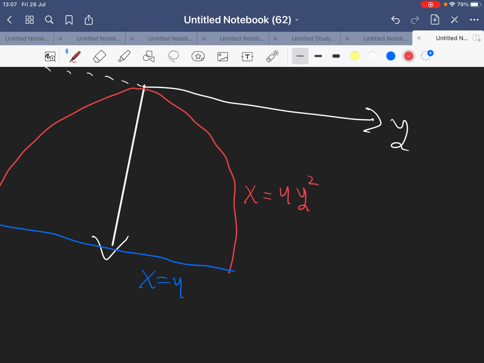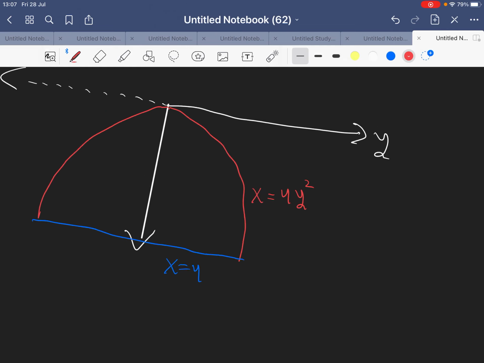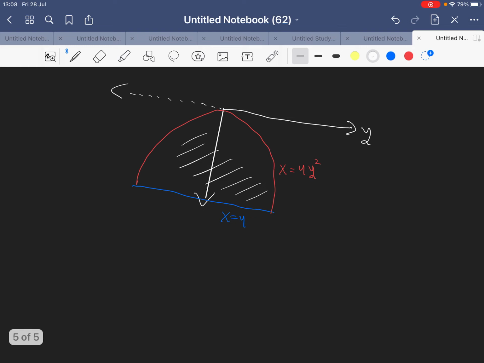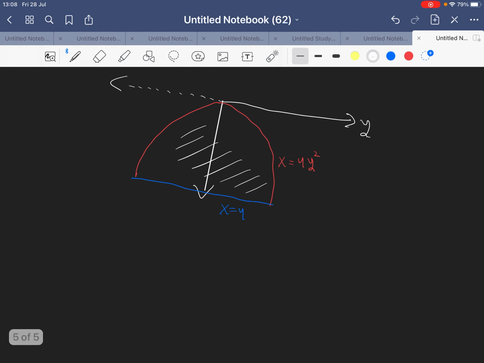Why 4y squared? Because we ignore z, so z is 0, and we get only x equals 4y squared. And now this is the region I need to bound x on. So how do we find x is between what and what? That's the big question here. Well, for me, just looking at the picture, x is clearly between this one here.